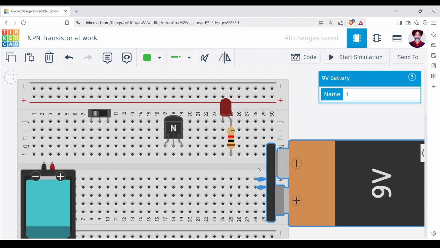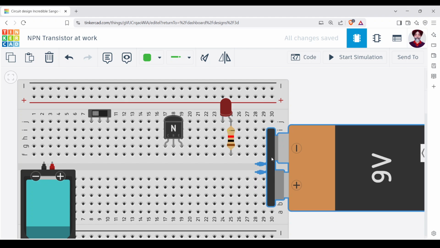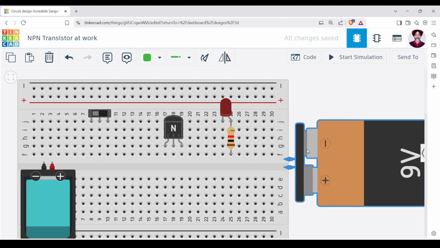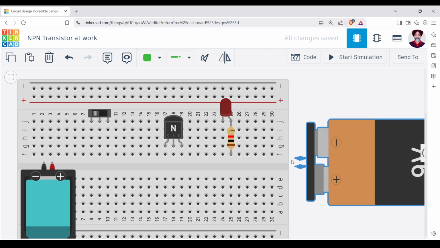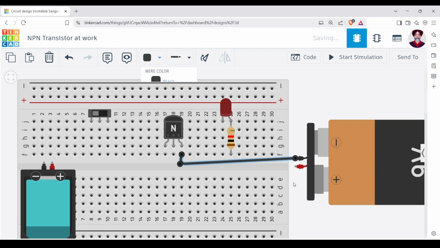What we need to do now is from the positive side, so let's not connect it like this because otherwise it will be short circuiting. So where do we connect the negative? I told you that the negative is to be connected to the emitter. Okay, so let's connect the negative to the emitter and let's make it black.